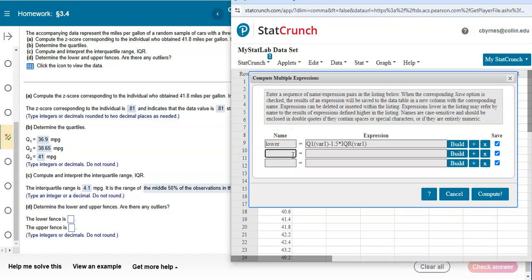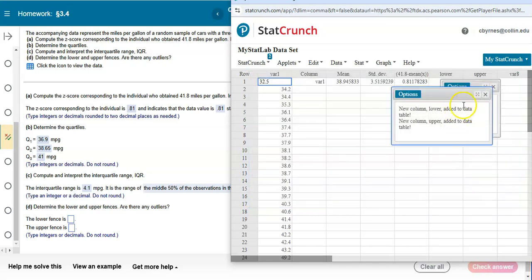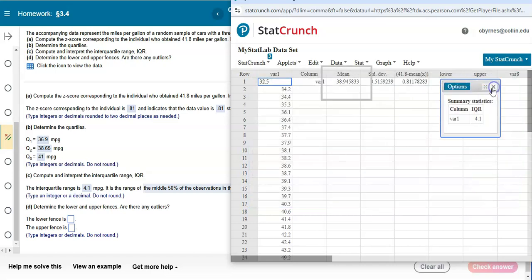And then for the upper fence, I take quartile 3 for my data set and add to it 1.5 times that interquartile range for var1. This is in case I didn't find these values before. Since we already have them here, I can just plug in numbers, but I wanted to do it in a more general case, so I'm going to compute that one. And we got our upper and lower fences.